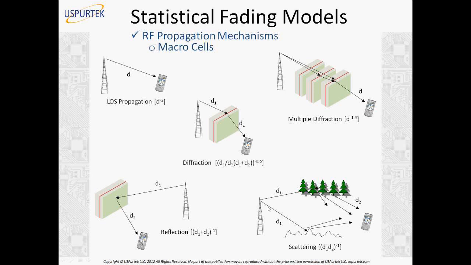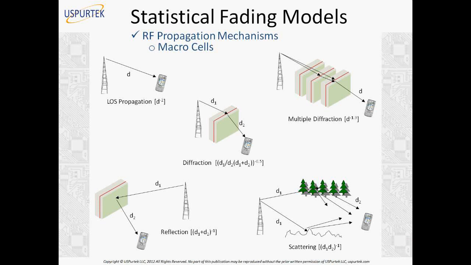Again, the distances d1 and d2 are defined here, and there is scattering from trees also. The behavior is a little different: it's the product of d1 and d2 with exponent of minus 1. So there are five different types of phenomena that happen when we consider RF propagation in macro cells.